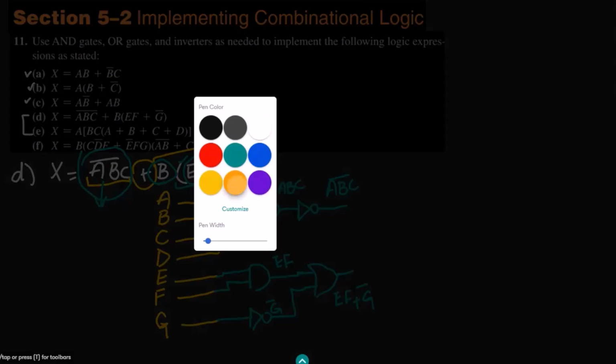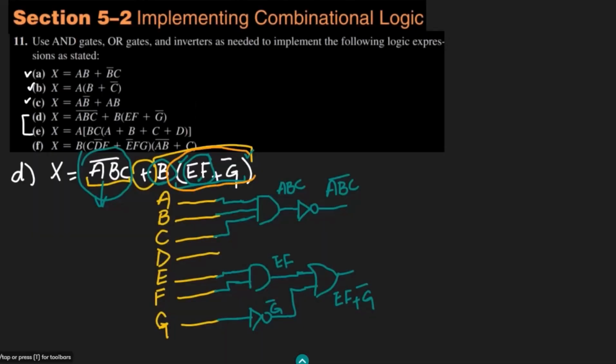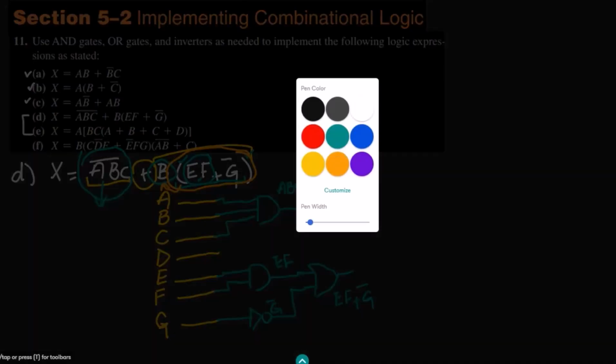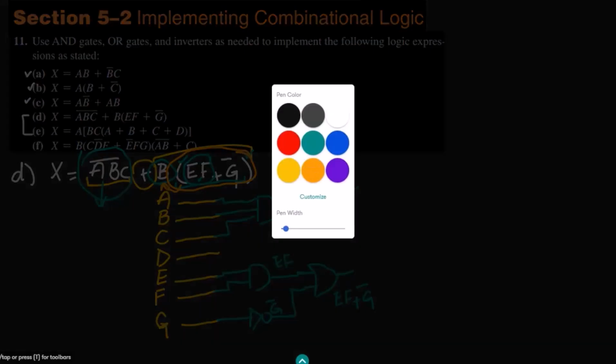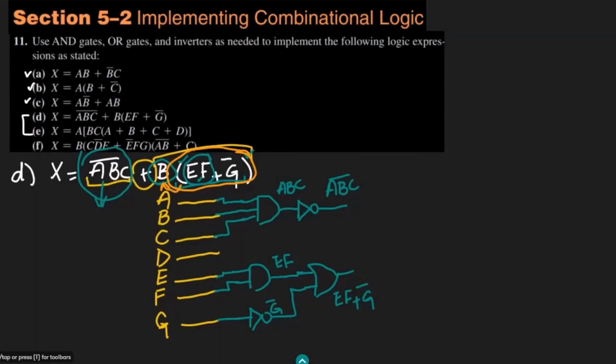Let me write it with this one. So this is here. With it I have to multiply this B. So let me use the same color here. This is again a 2 input AND gate.